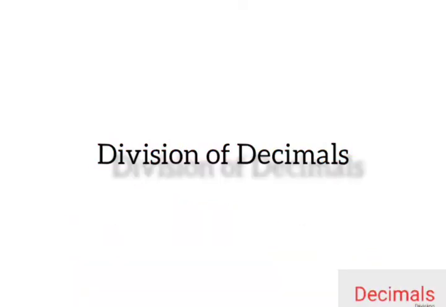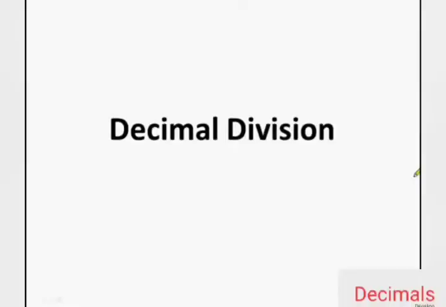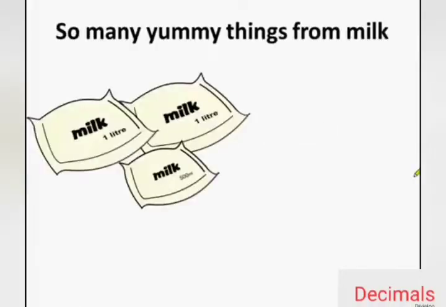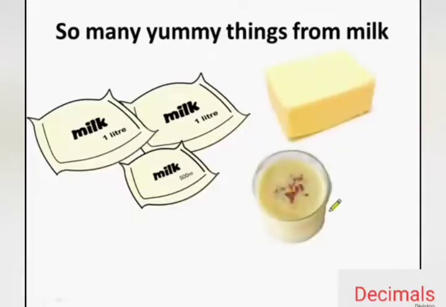As I hope you have learned how to multiply two decimals, so now we are going to learn how to divide two decimals. Before that, let us take some examples. We know that so many yummy things are made from milk, like butter, milk, or ice cream, and so on.